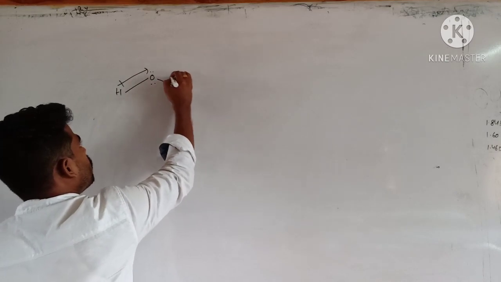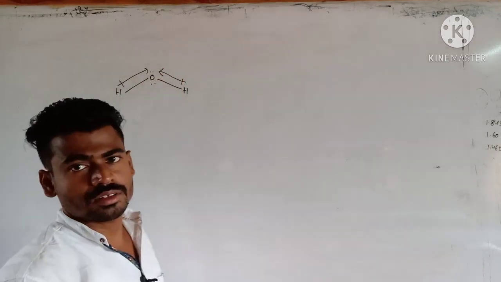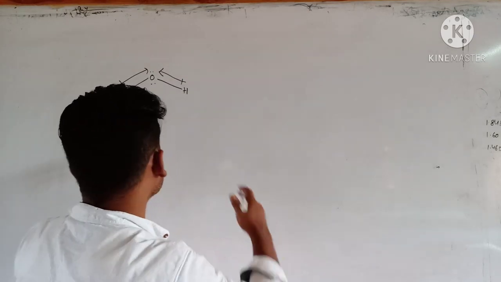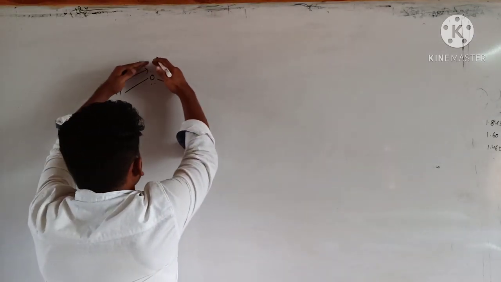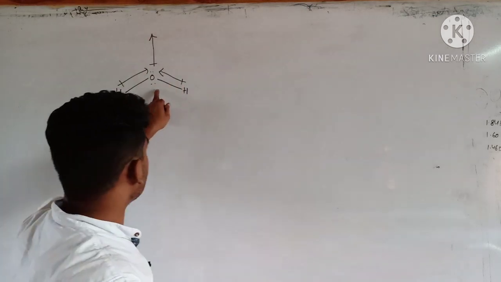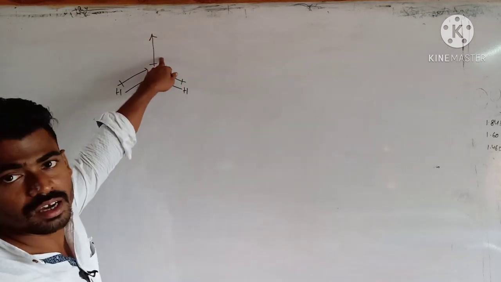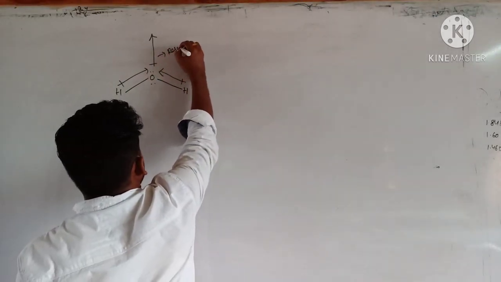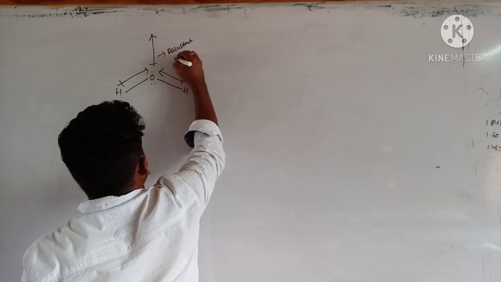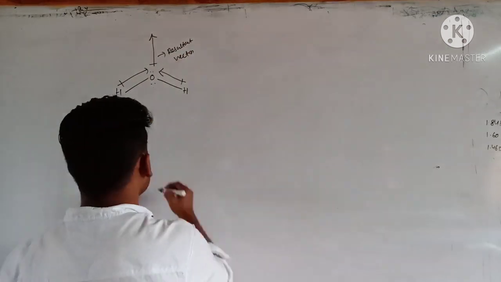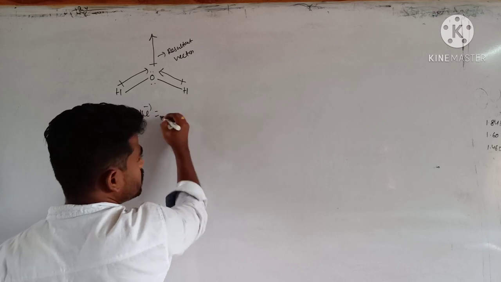During vector addition, these two vectors get oriented in this direction, so the net resultant will be in this direction, but there is no force which cancels this resultant. So it has some dipole moment.